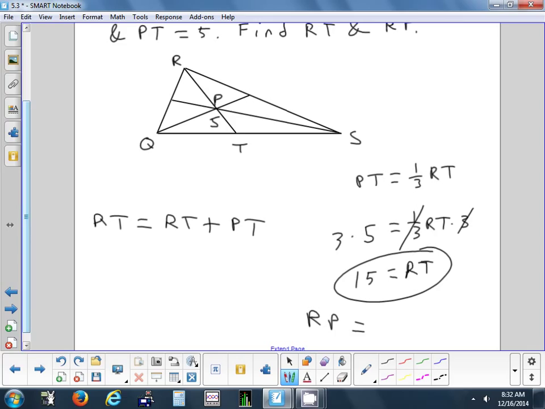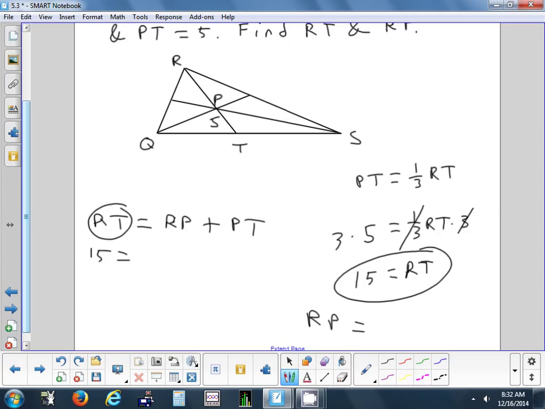RT equals RP plus PT. It's going to be on the midterm. Remember that? It was way back in chapter 1. Yep, very good. That's the segment addition postulate. The total length is equal to the sum of the individual segments. Good. And now we know RT is 15. Oh, whoops, that's supposed to be RT equals RP. Sorry. But yes, you're still right. It's the segment addition postulate.